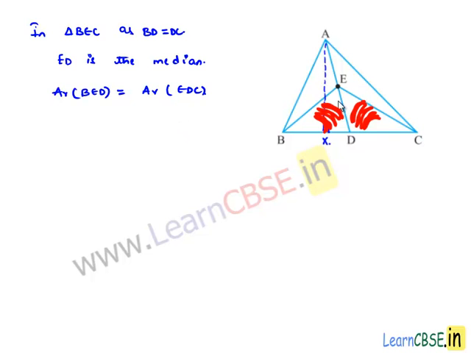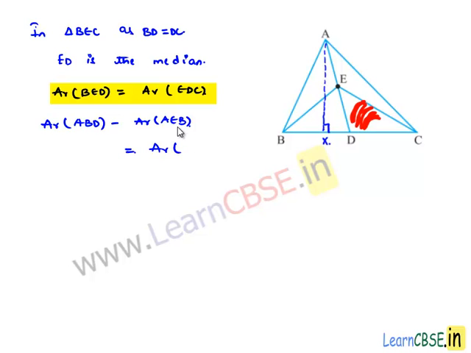Now area of triangle BED can be written as area of whole triangle ABD minus area of triangle ABE. That is, area of triangle BED can be written as area of triangle ABD minus area of triangle AEB, which is equal to, here area of triangle EDC can be written as area of triangle ADC minus area of triangle AEC.